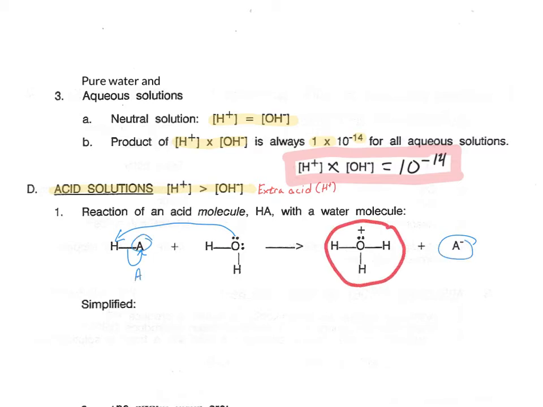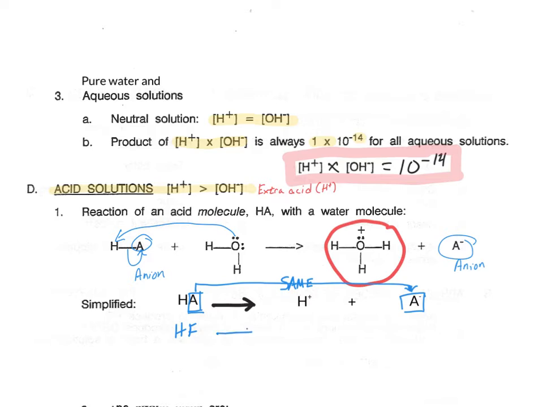The anion that's left is the same at the start and at the end. If it's acetate, it's acetate. We're going to simplify that by writing HA forms H+ and A-, where, of course, the anion is the same. For example, if I have hydrogen fluoride, I will make hydrogen ion and fluoride ion.